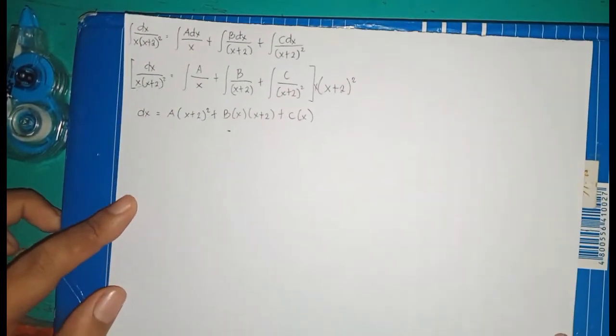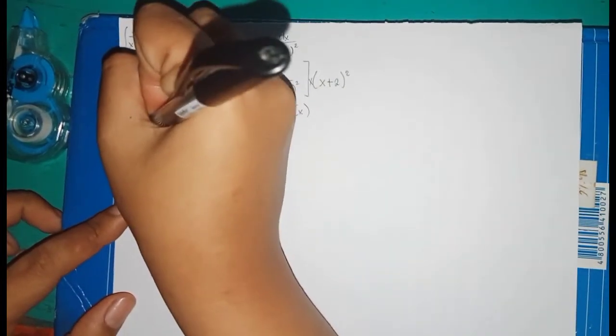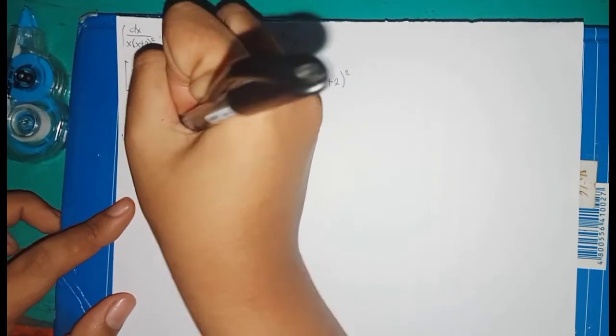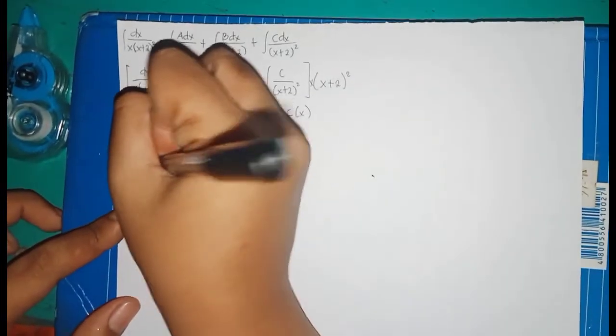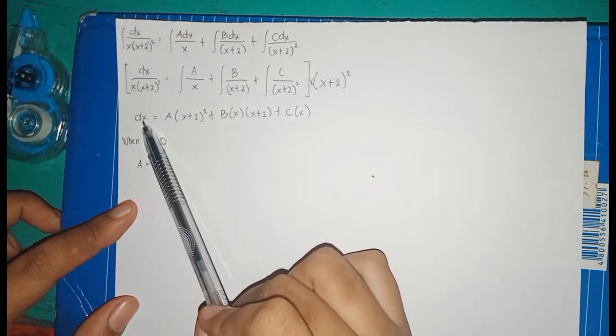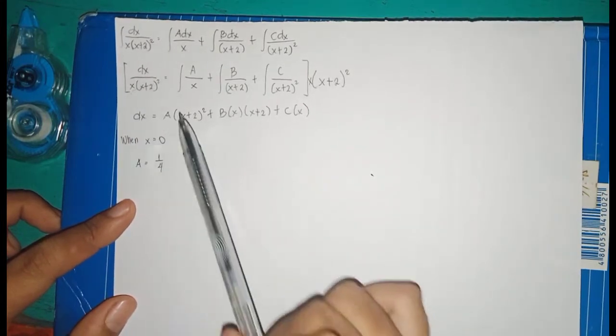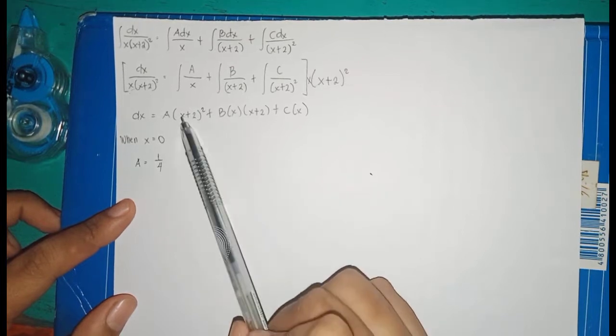Okay, so let's substitute. When x is equal to 0, our A will be 1/4. Why 1/4? The numerator is 1, and the denominator will be 2 times 2, which is 4, because the value of x will be 0.